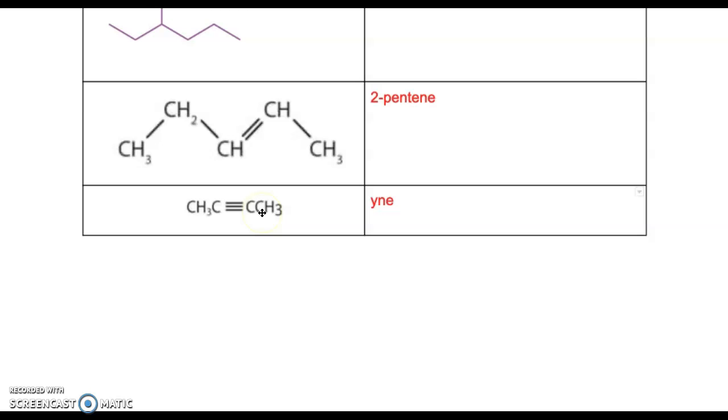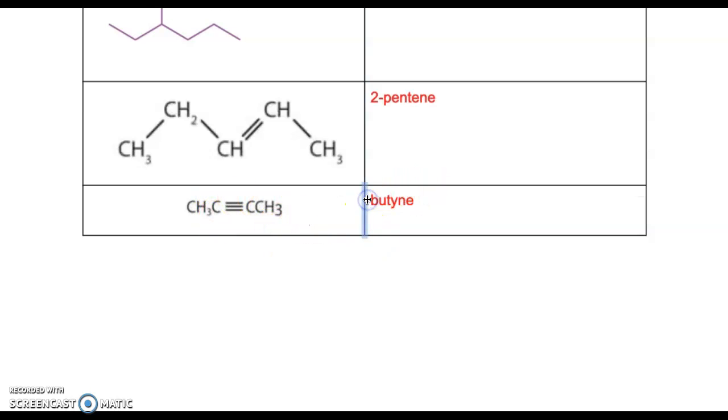If you go from this side, 1, 2, 3, 4, it's still 4. So we can write butane. So where is our triple bond located? It is located between 1, 2, 3, 4 or 1, 2, 3, 4. Either way you go, it's still located between the second and third carbon.